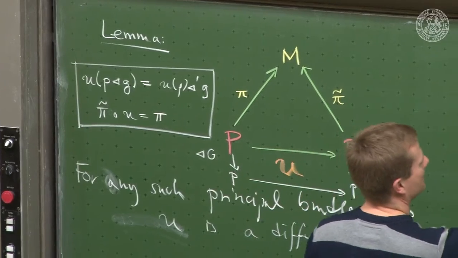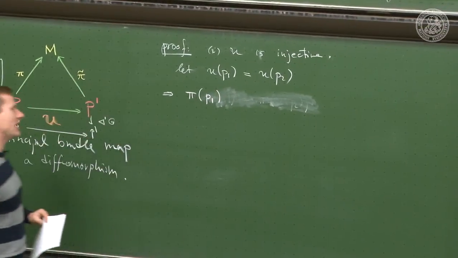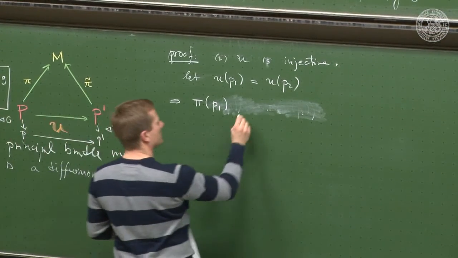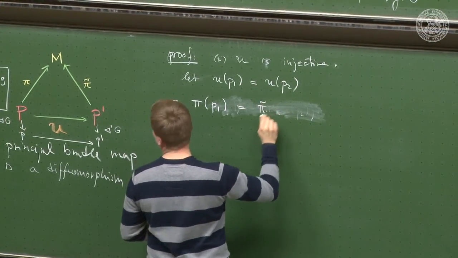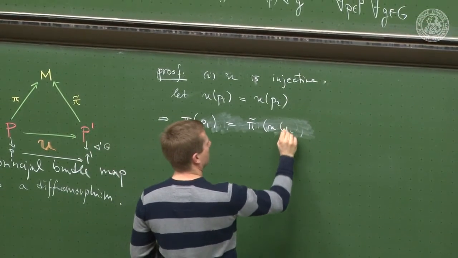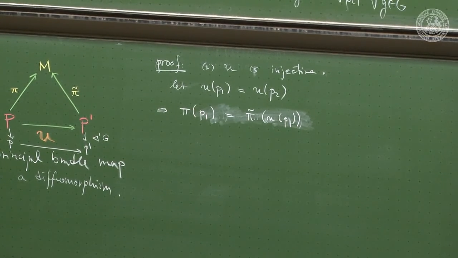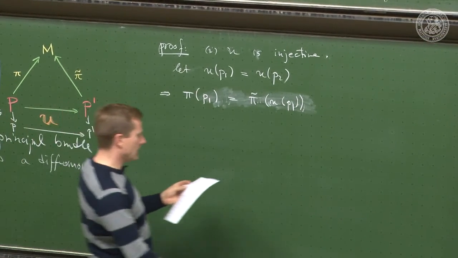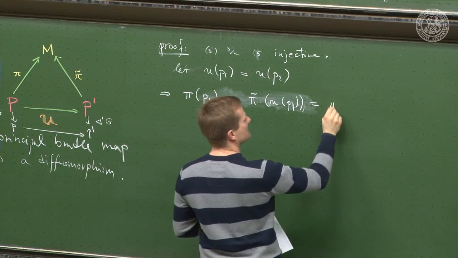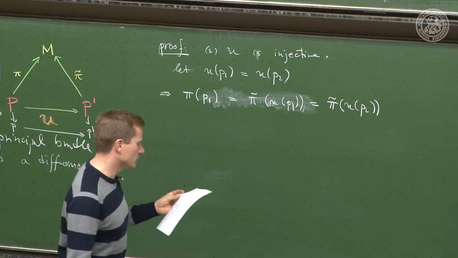I could have also looked at something different. Okay. So we look at the pi of P1, and then we invoke the first relation here, that pi twiddle of U of P1 is the same thing, because pi is pi twiddle after U. But this is because we have assumed that these two are the same, the same as the pi twiddle of the U of the other point, P2.